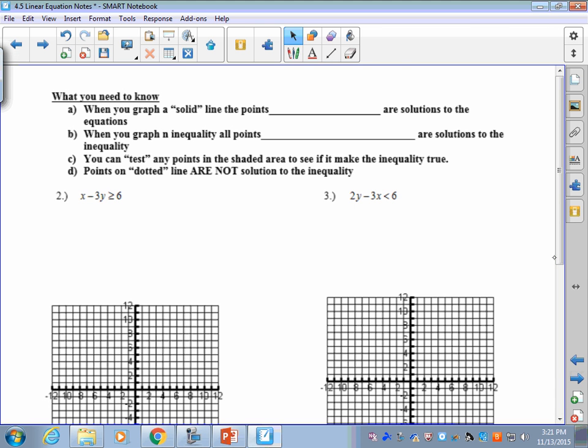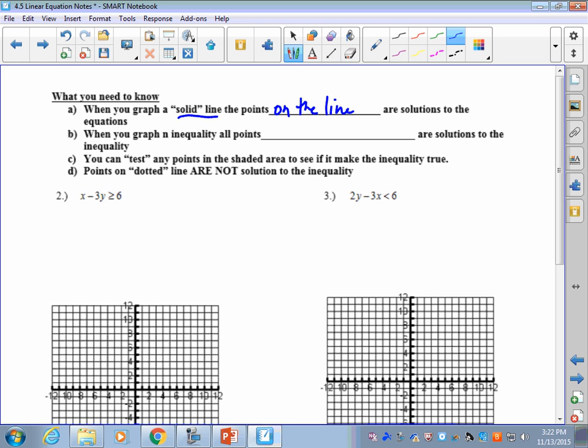All right, so what you need to know is when you have a solid line, the points on the line are solutions to the linear equation. This is only when it's solid, okay?